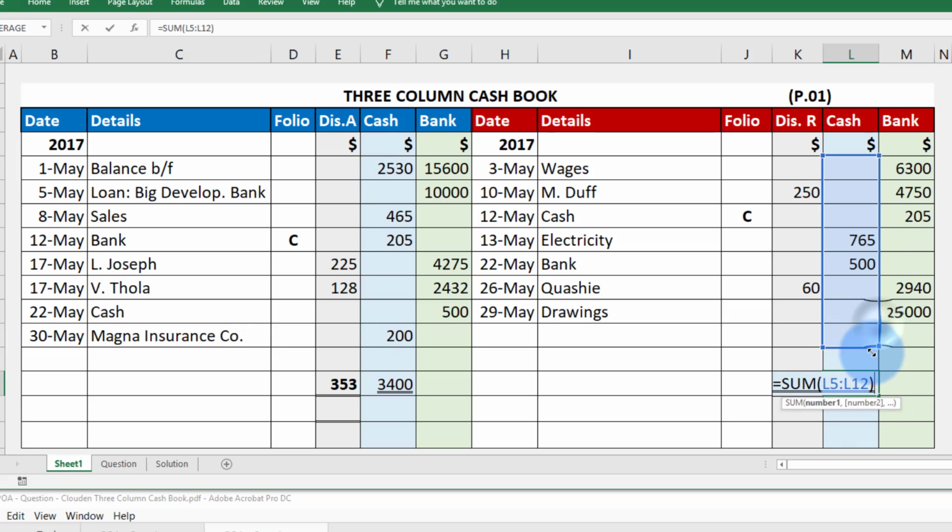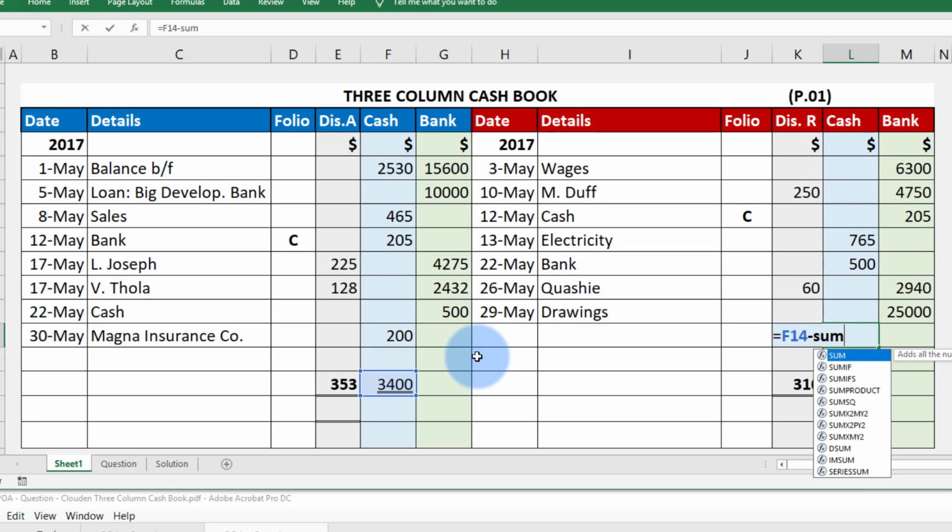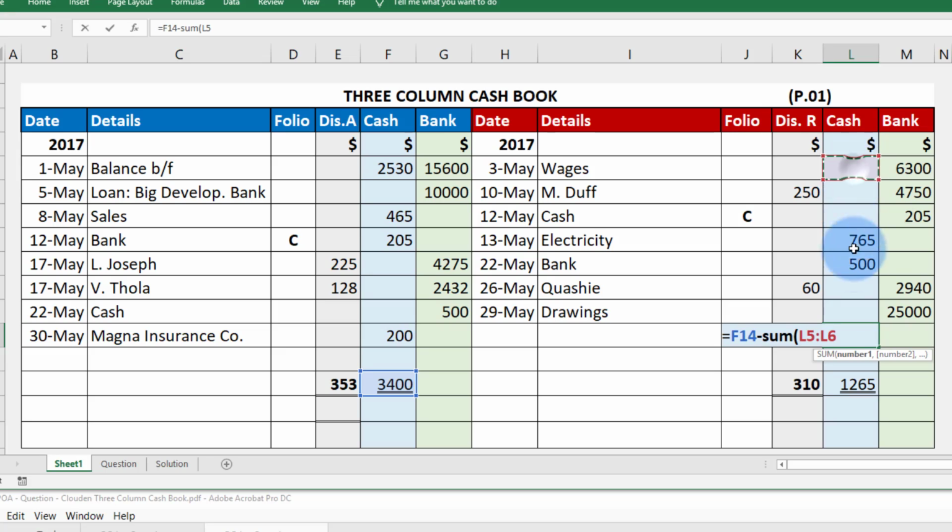Actually, let me bring all this down into the calculation. Now it means we need to find the balance, the difference between these two figures, which will be the same as saying equal to 3,400 minus the sum of everything that's here. Good.